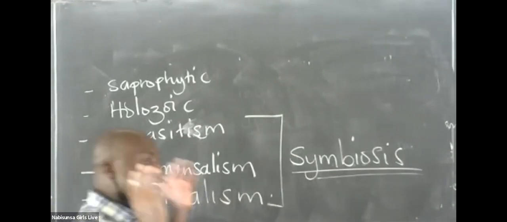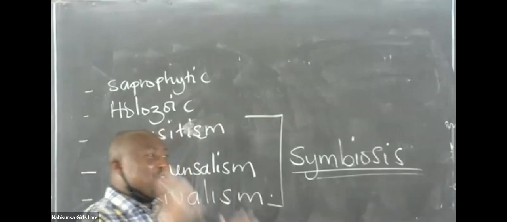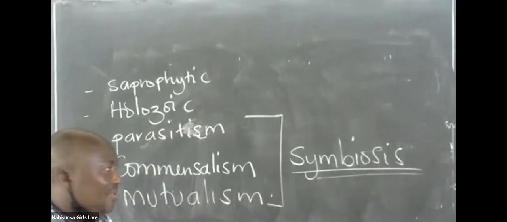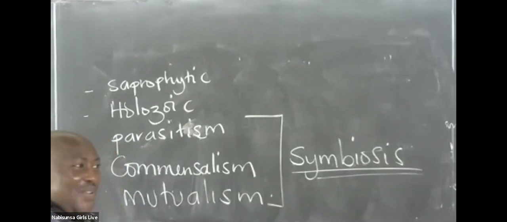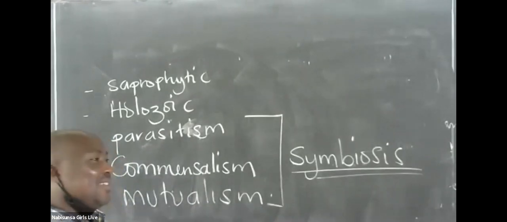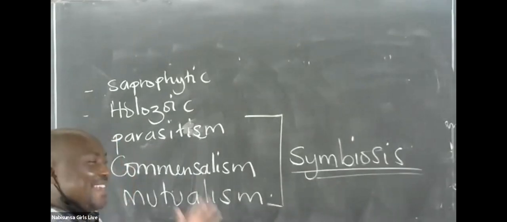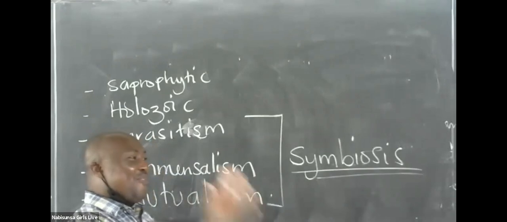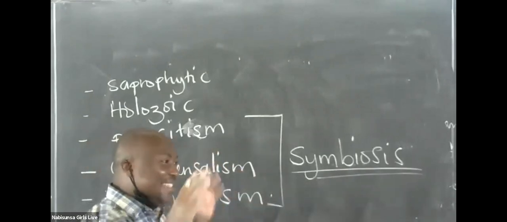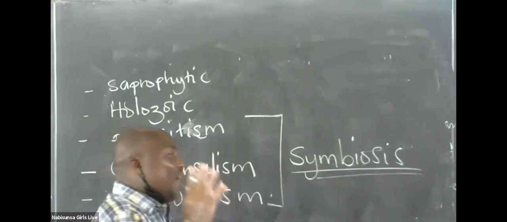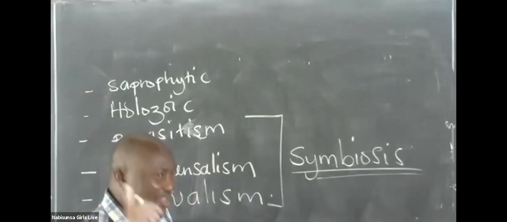Symbiosis just looks at an association between two organisms of different species. Now I will ask you, are you getting it? I said symbiosis is an interaction or a relationship between two organisms of different species.